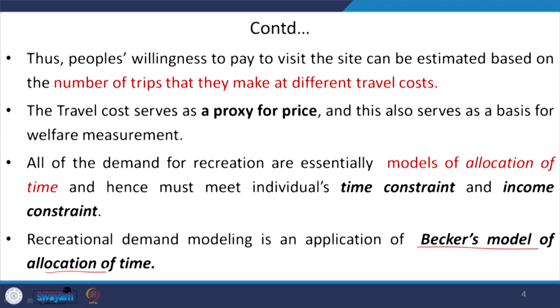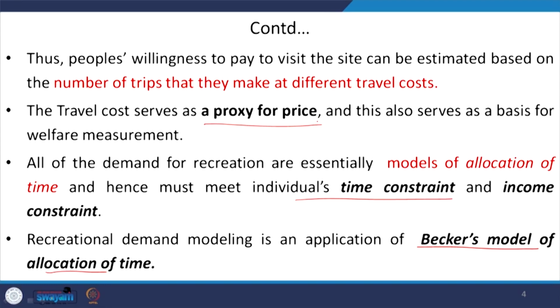In this recreational demand, we are also talking about this model of allocation of time, and here in allocation of time we are taking the individual time constraint as well as the income constraints into account. And as you understand this travel cost, the very generic thing is that the travel cost is serving as a proxy for the price, right.